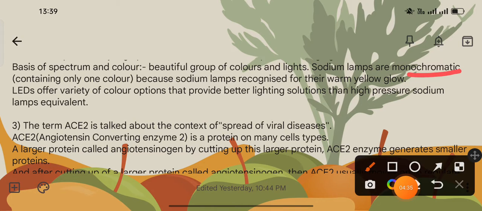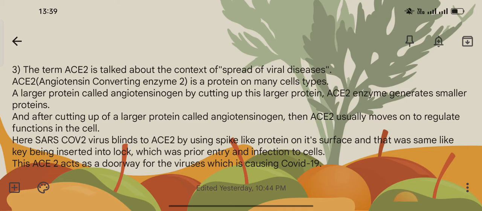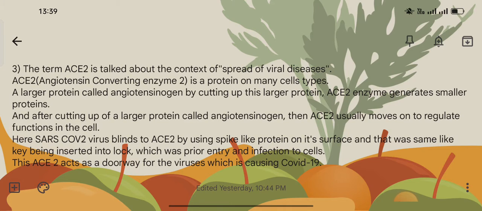Monochromatic means containing only a single color, because sodium lamps are recognized for their warm yellow glow. LEDs offer a variety of color options that provide better lighting solutions than high pressure sodium lamps.